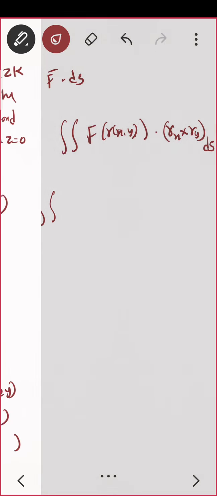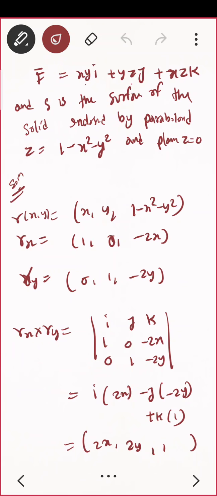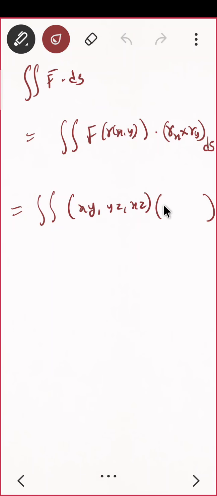Oh, actually that is already in x and y, so I don't have to change anything. It is already in that form. So I will just write xy, yz, xz, that's done. And rx cross ry, what is it? rx cross ry is 2x, 2y, 1.